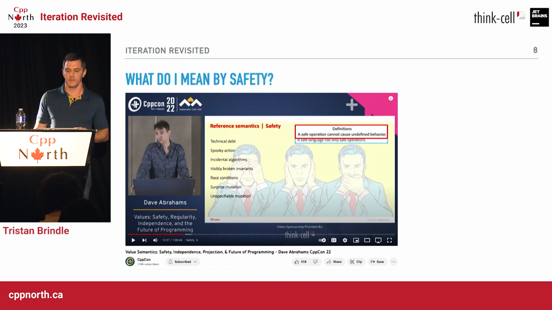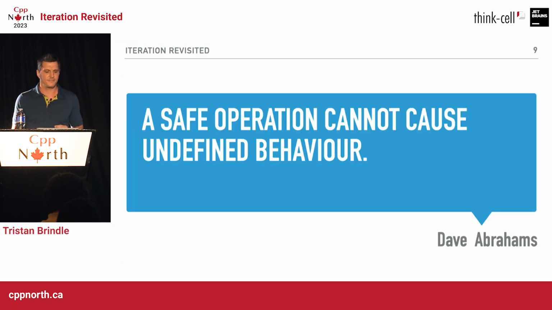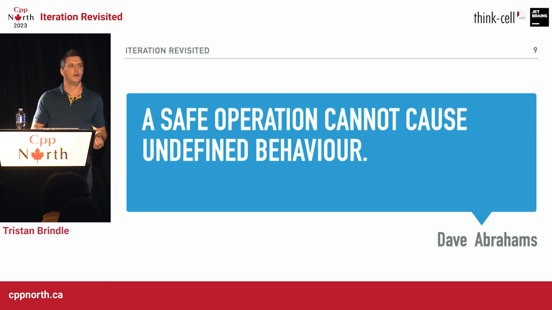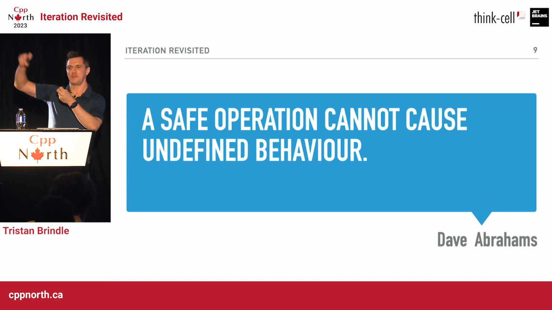That might be a little bit small on the screen, so let me blow that up a tiny bit. A safe operation cannot cause undefined behavior. Because as soon as we have undefined behavior occurring in our program, all bets are off. We can no longer reason about the state of our program. I'm sure you've all seen these kind of crazy examples. People like to give them at lightning talks or put them on Twitter about how you end up calling, say, some completely different function that you never wrote, or you get some completely unexpected behavior as a result of undefined behavior.